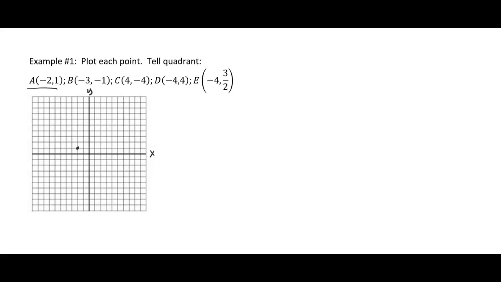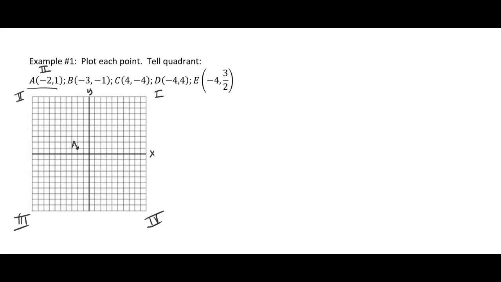You can label the axes. Some teachers like you to always remember to do that. And so point A is in quadrant 2. So remember, it's 1, and it goes counterclockwise. 2, 3, 4. Those are the quadrants.